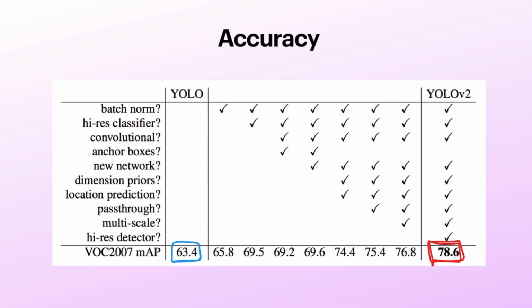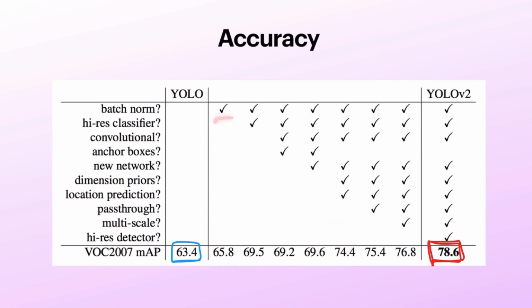You can see a 15% mAP jump with all these modifications, starting with batch normalization, high resolution fine tuning of the classifier, fully convolutional anchor boxes and dimension priors, which are actually anchor boxes but with k-means clustering, and location prediction, that modification of XY with respect to the grid cell, and then pass-through layer, multi-scale training, high resolution detector, changing the different resolutions, right? If I use high resolution, then I am getting 78.6. So with all these modifications one by one, you can see how much each one has impacted.